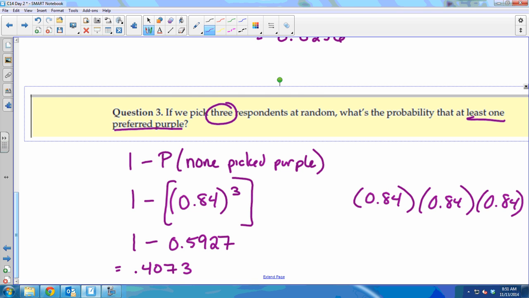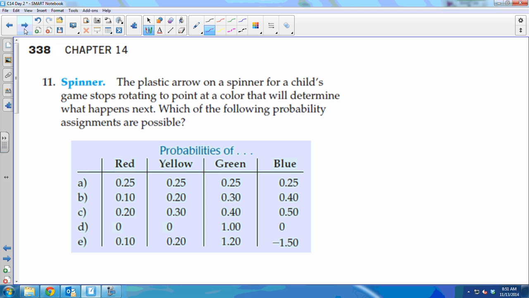All right. The plastic arrow on a spinner for a child's game stops rotating to point at a color that will determine what happens next. Which of the following probability assignments are possible? So all of these are separate assignments. You're just going to tell me which ones are actual probability assignments.